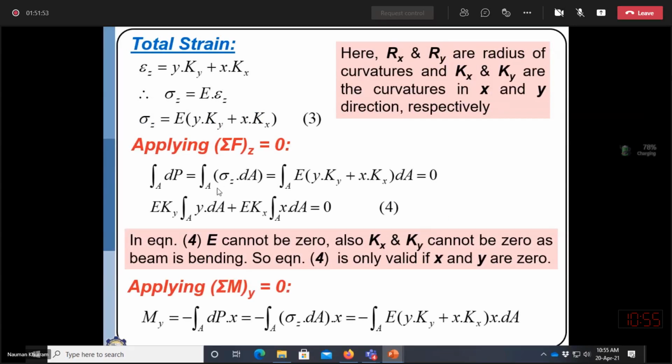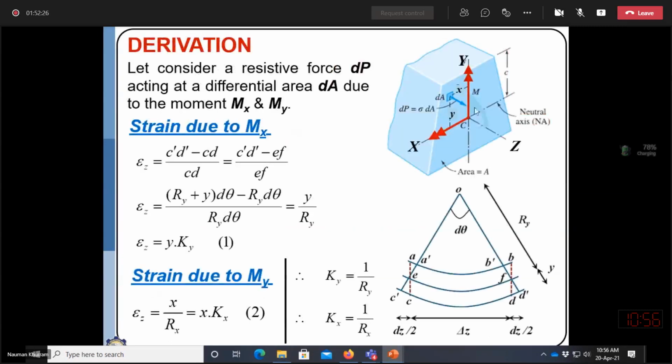So if you want to see, this is the y bar and this is the x bar. The y bar is the distance from the neutral axis to any fiber, and that is the x bar, because that is the first moment of area about the y-axis, which gives the centroidal location about the x-axis. So it means that this equation will only be 0 if x bar and y bar are 0. That will be 0 if we are along the centroidal axis.